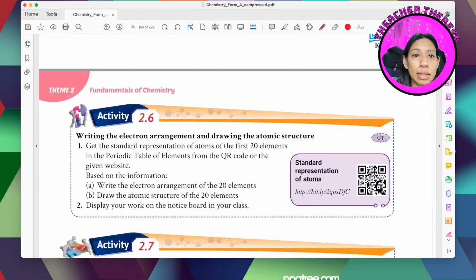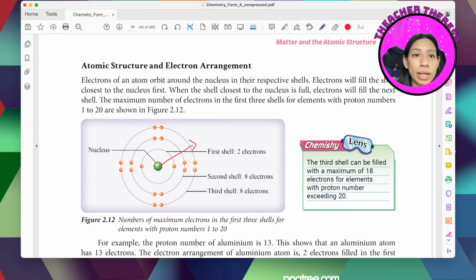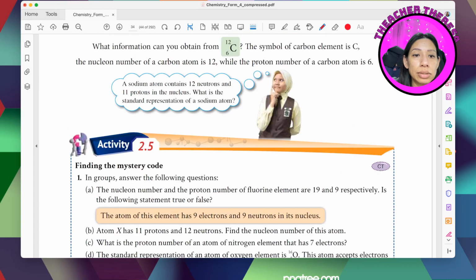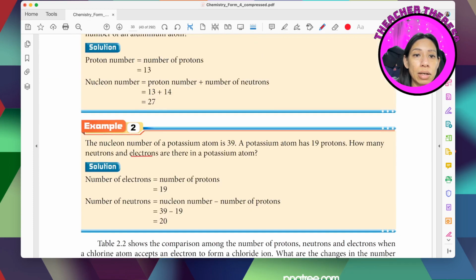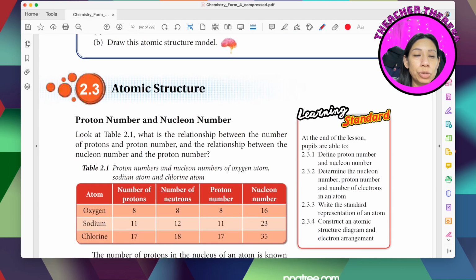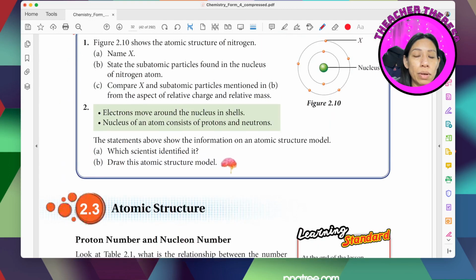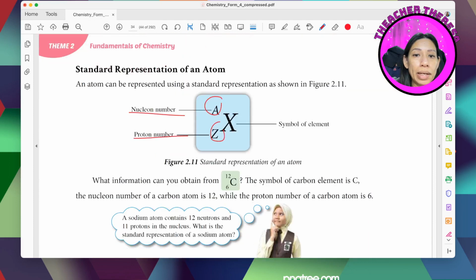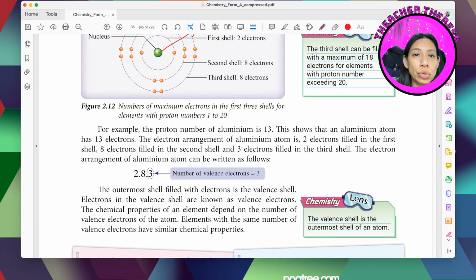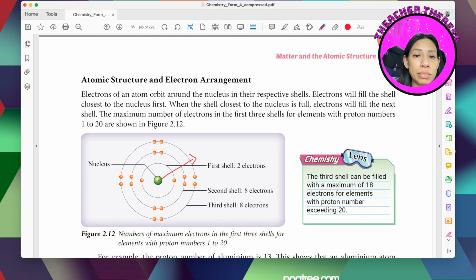So with that, I've covered until this part of the chapter, 2.3. Now, earlier I said about duplet and octet. Duplet and octet refer to the valence shell. That means the outermost shell is called your valence shell.